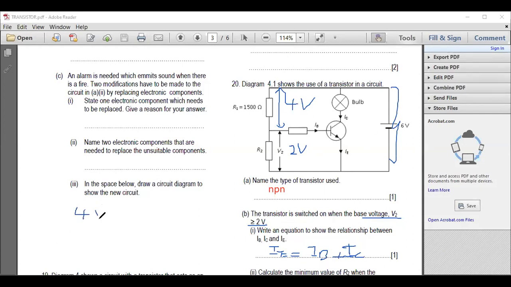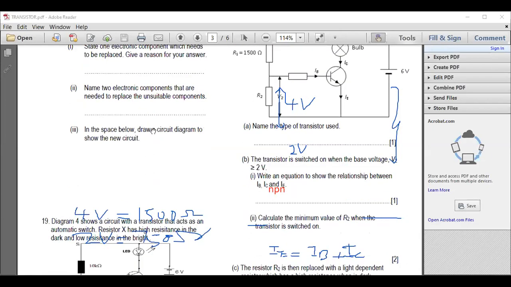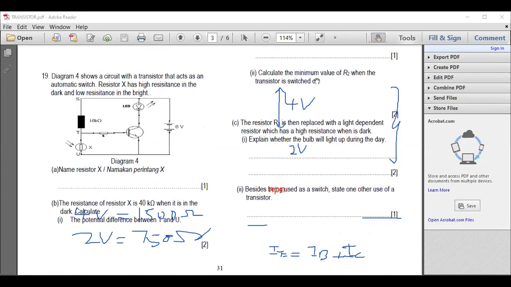If 4 volt is equivalent to 1500 ohm, then if you only have 2 volt, what is the respective resistance? That means 750. Just divide by 2. The calculation is not that difficult; you have to look at the voltage. 750 ohm.